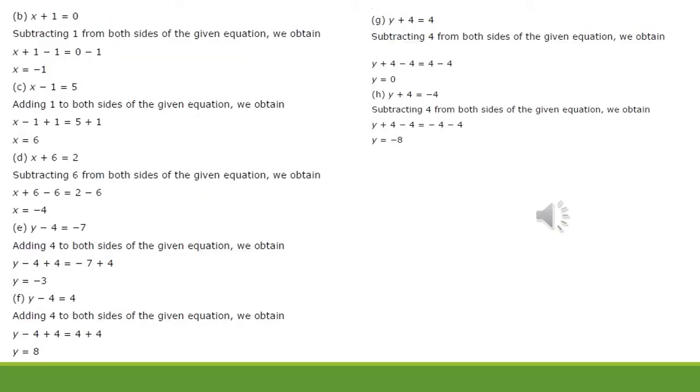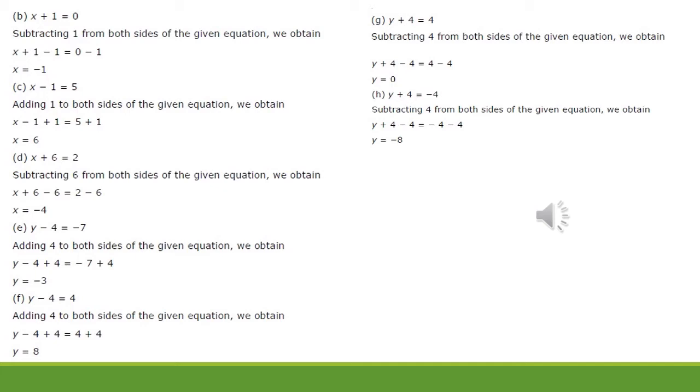Now we are moving to part B. x plus 1 is equal to 0. If we want to remove plus 1, we have to add minus 1 on both sides. So x plus 1 minus 1 is equal to 0 minus 1. So we are getting x plus 0 is equal to minus 1, or x is equal to minus 1.